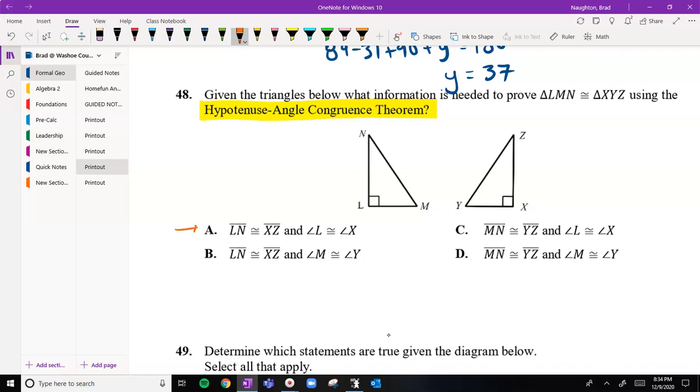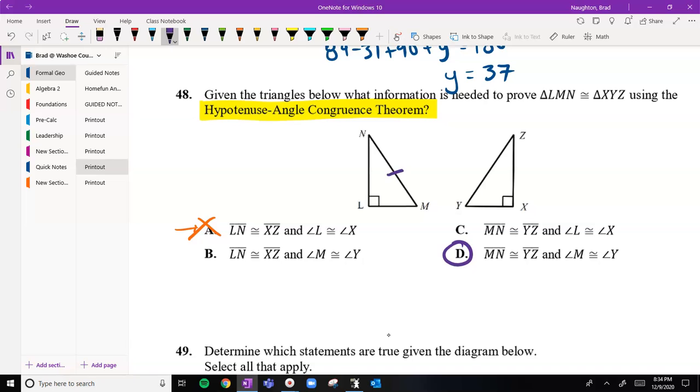So, this is LN, and then we have XZ, and then we have L and X. So that is the kicker right there. That's not enough information for this to work, so that's why this one's not going to work. And our answer that is going to work is D. So let's investigate why.